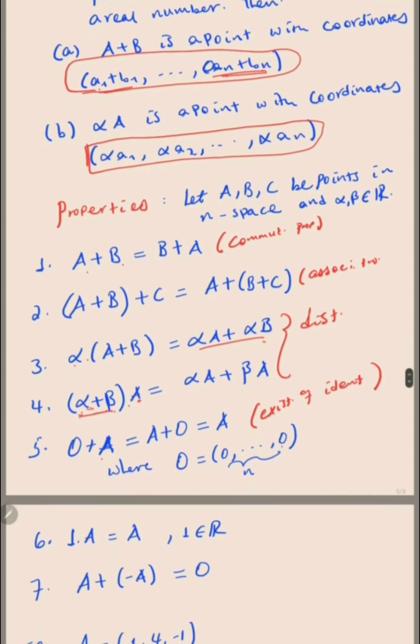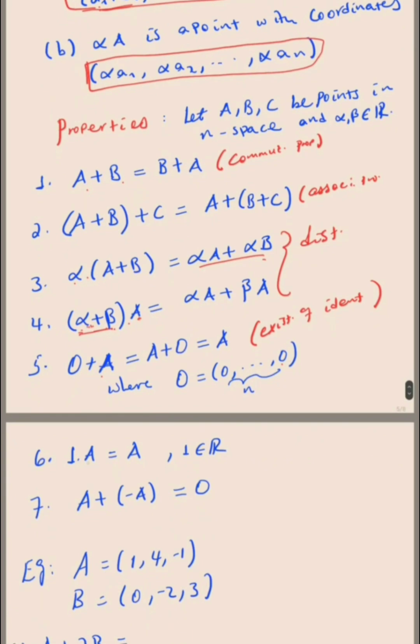And multiplying a point by the real number 1 always gives the point, so multiplying the point A by 1 gives you the point A.